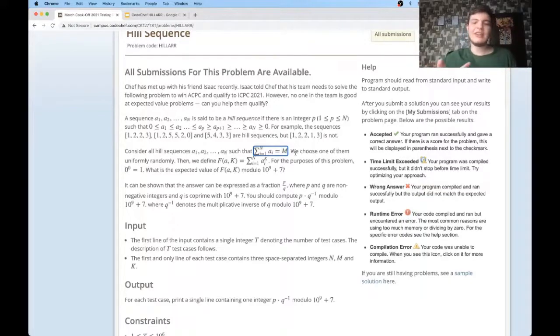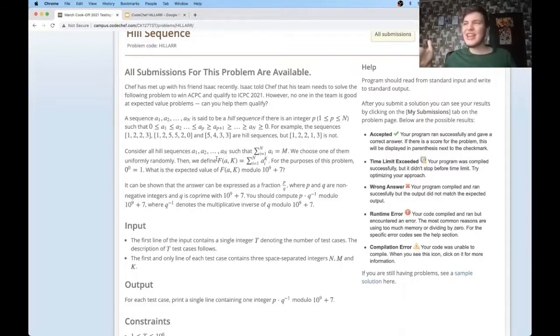Both of those are given. And we are interested in finding the expected value of a function f applied to this whole array A with some coefficient k, where k is also given. And this function is pretty much, you just sum the kth powers of all elements.